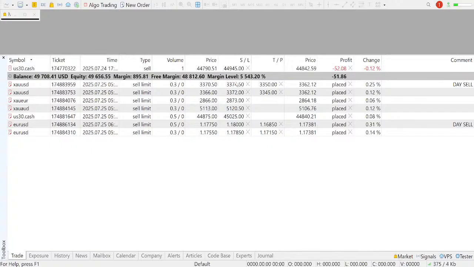Sorry, I will go for a day trading first, which is 35.30, stop at 35.60, and the TP, remember, is 34.10. This is a day order, and this is a day sell.